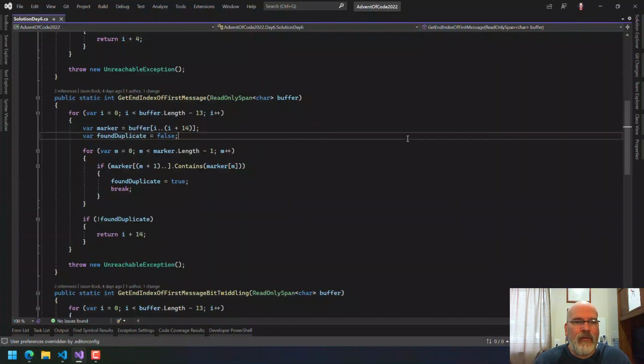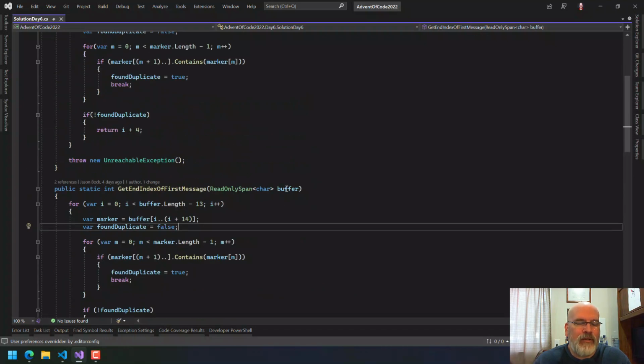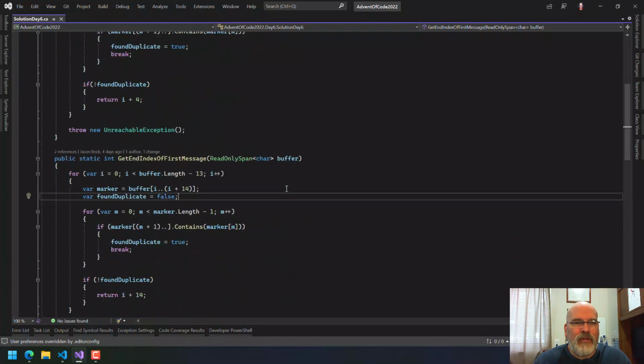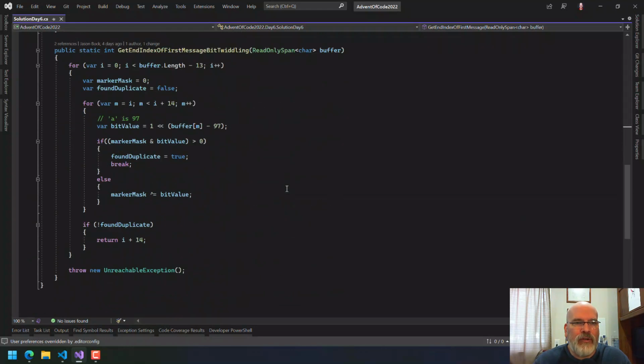The thing that I realized with this one is I was storing these, I believe, in a way that you have a marker here, and then do you find a duplicate or not, and so on. And then I realized you don't even need to use an array. What you can do is essentially use a bit mask, and that's what this marker mask is.